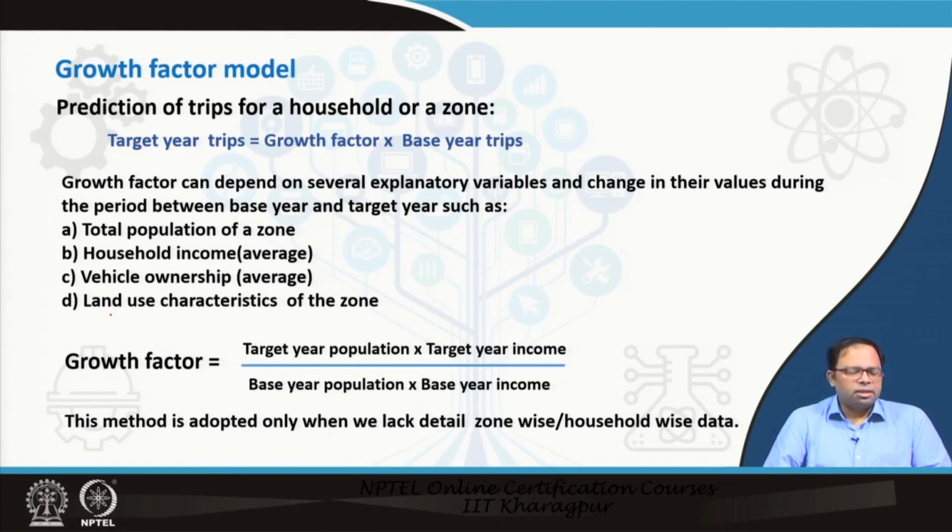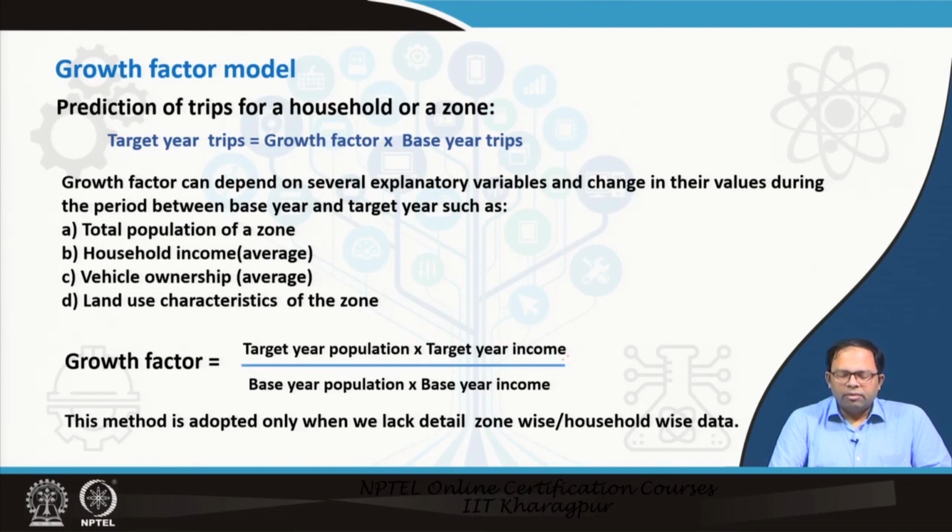So, in that sense, we determine the growth factor, where we actually develop, like in that example, you can see the growth factor is target year population times target year income divided by base year population times base year income.